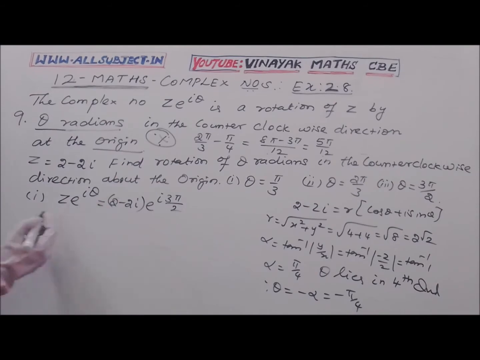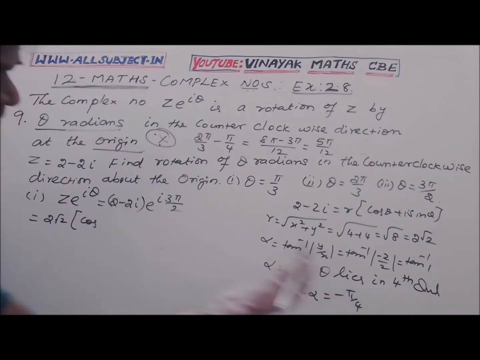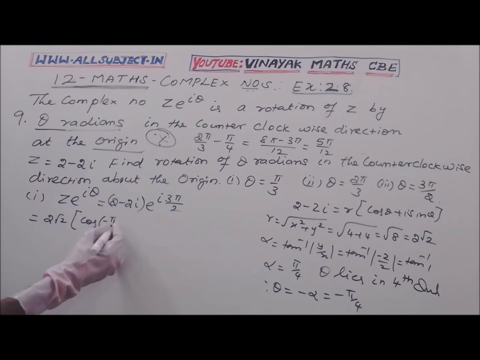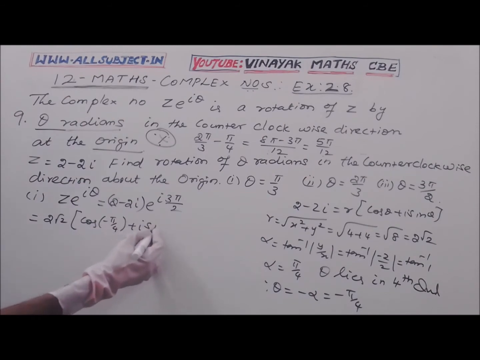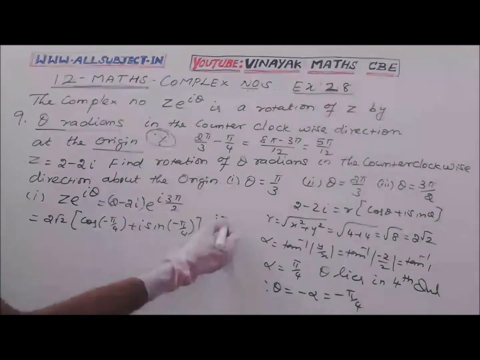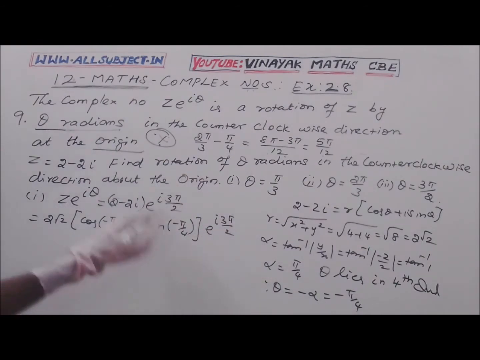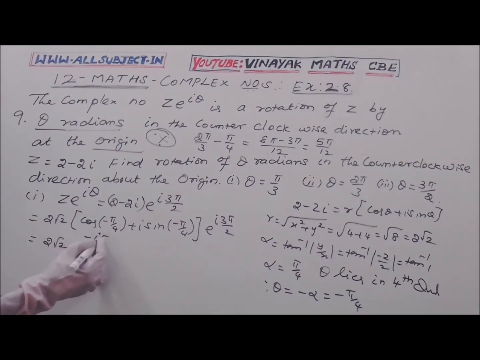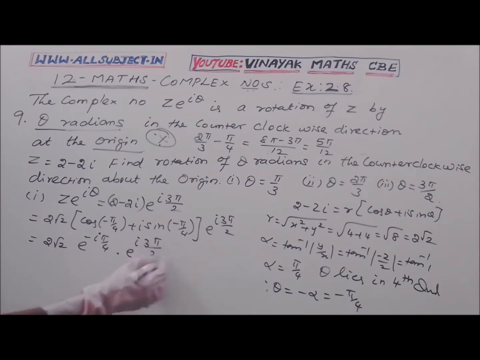Now 2 minus 2i can be written in the polar form, that is r into, the r value is 2 root 2 into cos of minus pi by 4 plus i into sine of minus pi by 4 into e power i 3 pi by 2. Now this can be written in Euler form, e to the power minus i pi by 4 into e to the power i 3 pi by 2.